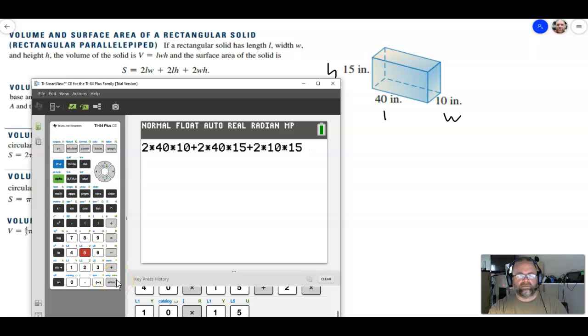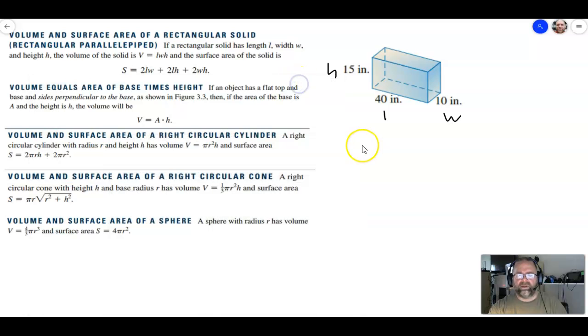And that's it. Just put that in there just like this formula here. And we're going to get 2,300. So the surface area is going to be 2,300.